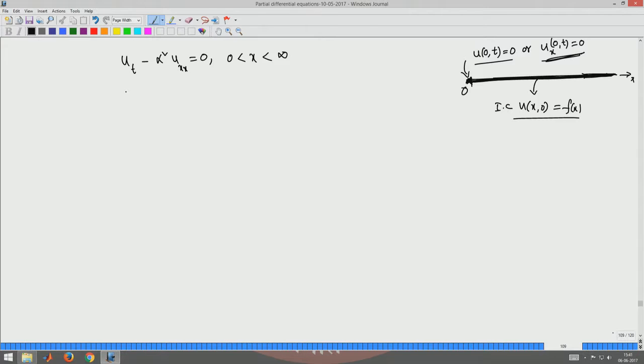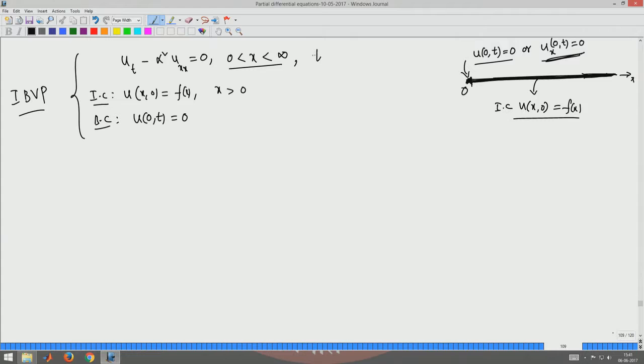The initial condition is u(x, 0) equal to f(x) for x positive, and the boundary condition is u(0, t) equal to 0. This is the initial boundary value problem for the heat equation on the semi-infinite domain, with x positive and time t positive.